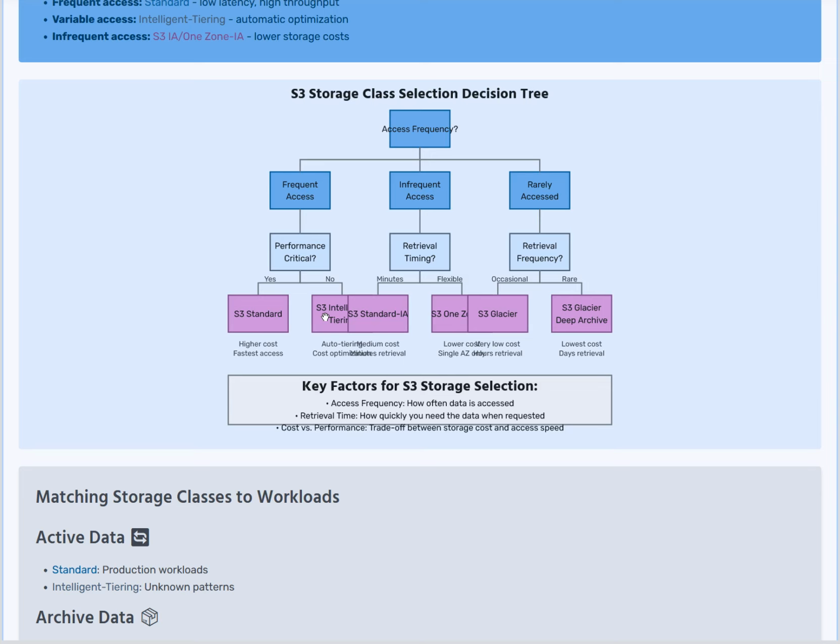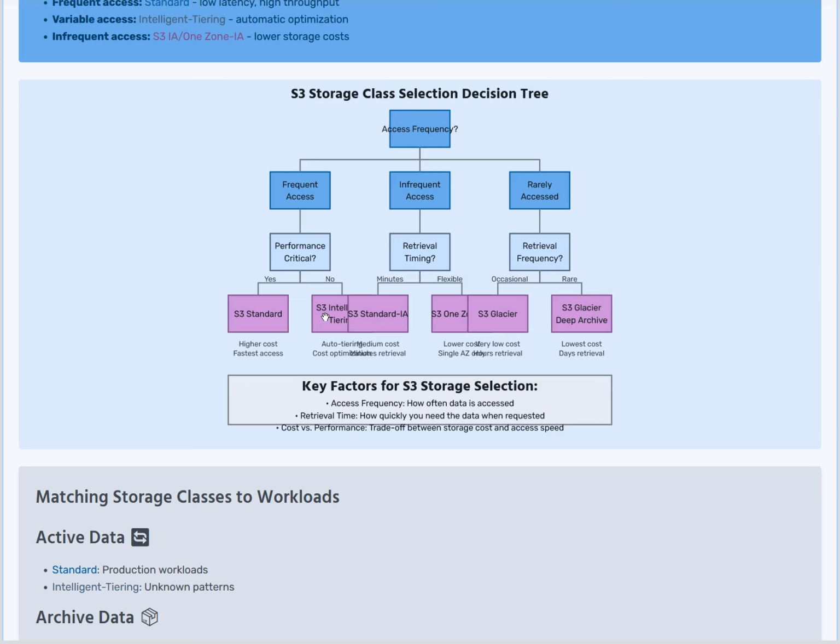And then if it's infrequent access and the retrieval timing is in minutes, you have to go to S3 Standard-IA. That gives auto tiering and medium cost optimization for retrieval.